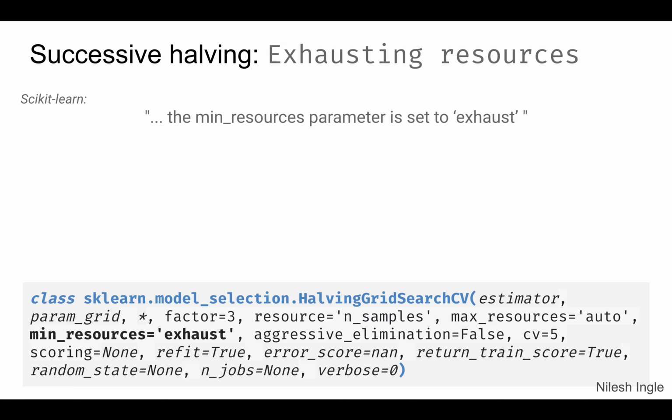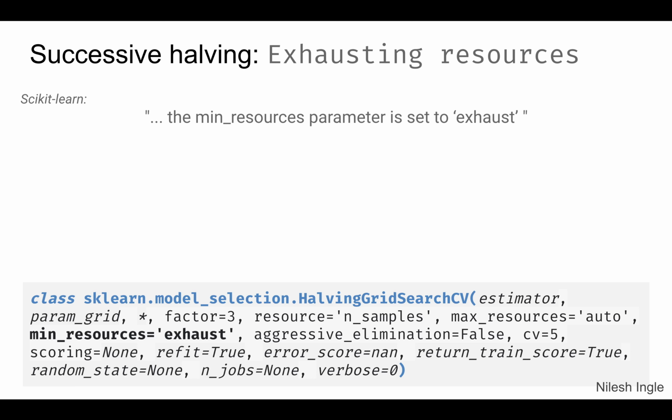As we talked about earlier, in the process of halving it's sometimes possible that some of the data is never used or is left out, if the settings for factor and resource or min resources are not set to use all the data.